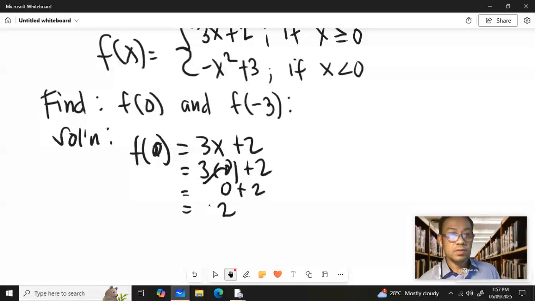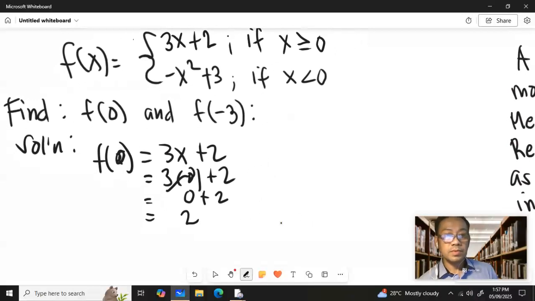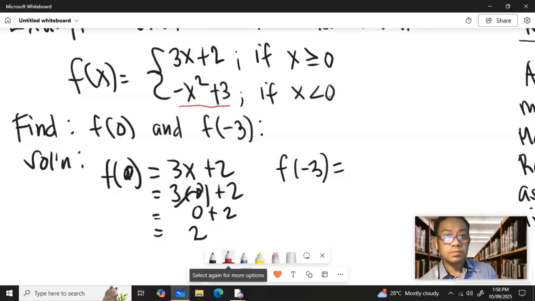Okay? So for the other one, f of negative 3, what function are we going to use? So since negative 3 is less than 0, we will use this one as our function.